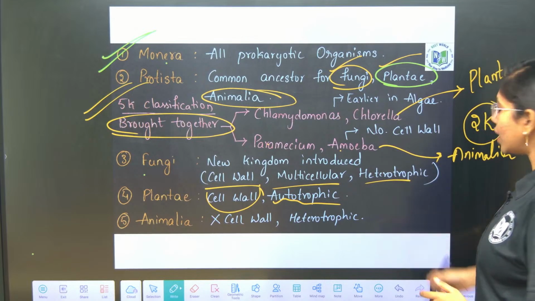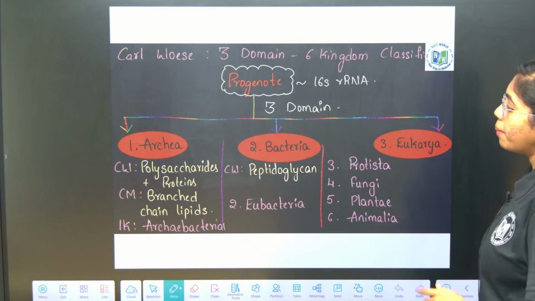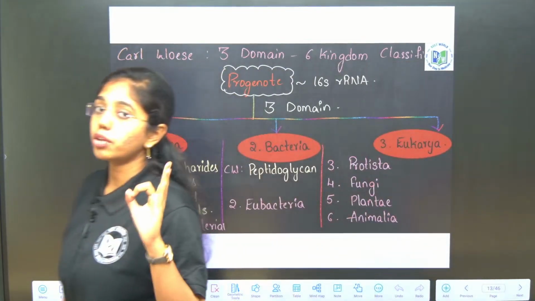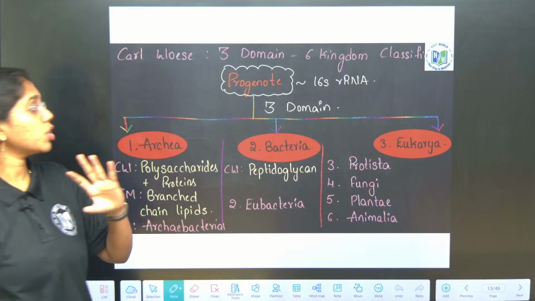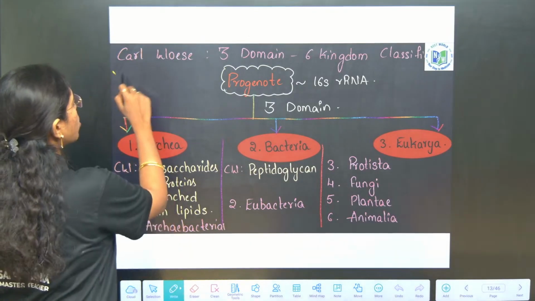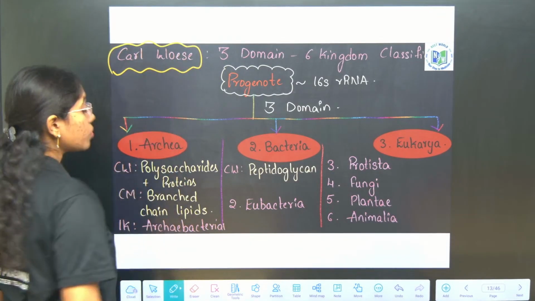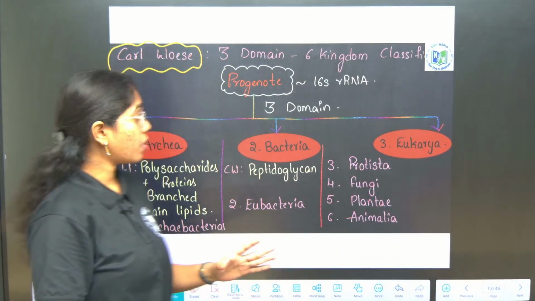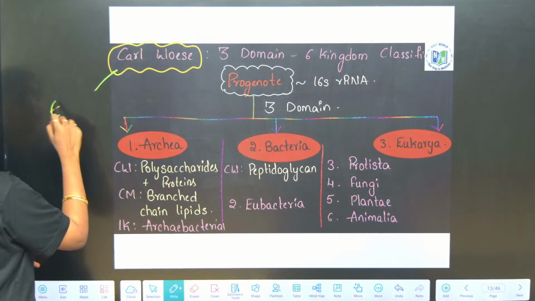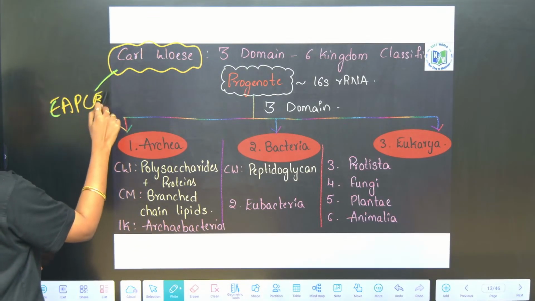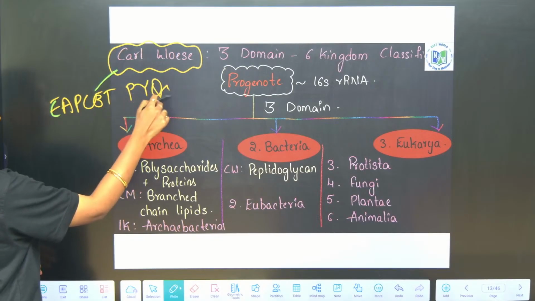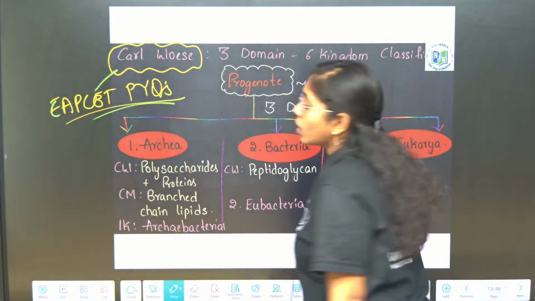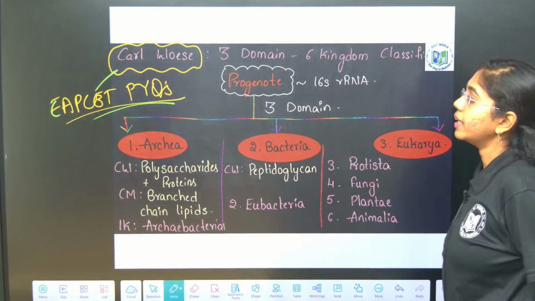Now we will look into each kingdom in detail. Before going to each kingdom of the 5 kingdom system, we need to know about the 3 domain 6 kingdom system of classification, proposed by Carl Woese. This was once asked as an EAPCET PYQ, so it is important, look into it clearly.